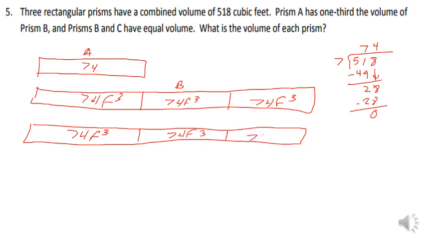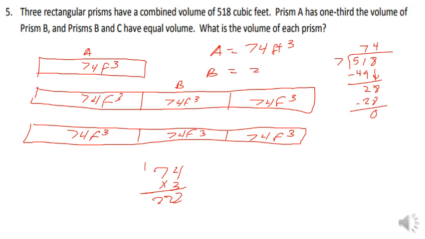Okay. So now that we have 74 cubic feet, now the question says, what is the volume of each prism? Well, A is going to be 74 cubic feet. B is going to be 74 times 3. So A would equal 74 feet cubed.